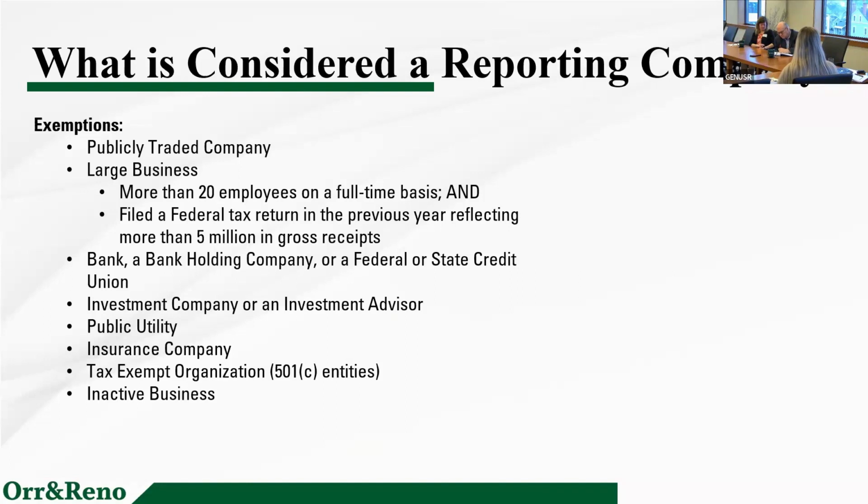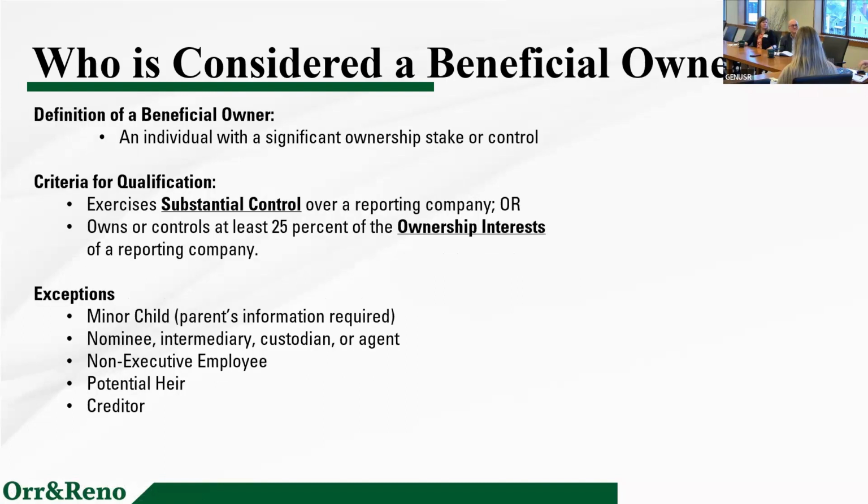We would love it to be that every answer is really easy, but sometimes there is more nuance. I would say the biggest area where there's nuance is when we say we need to report all the beneficial owners of these entities. Generally, what they're talking about are owners who own at least 25%.